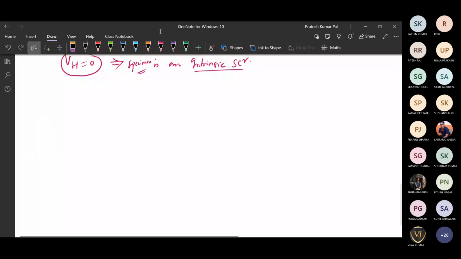In case of p type semiconductor, it will be just opposite to the n type that we have discussed. So here in p type, holes are the majority carriers constituting the current.